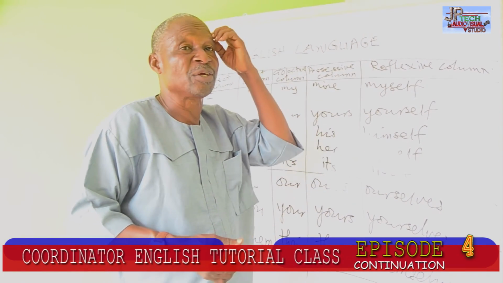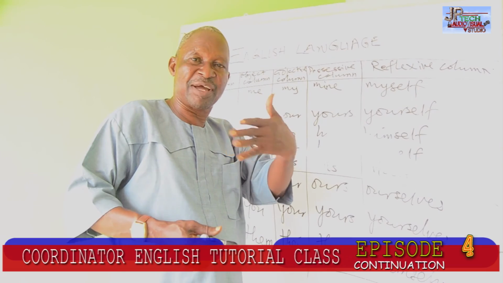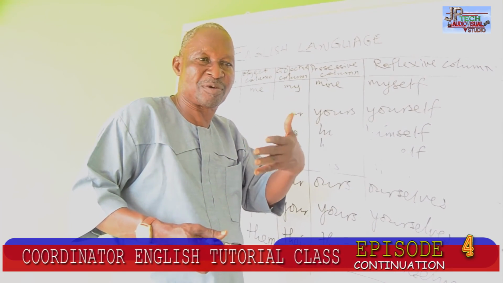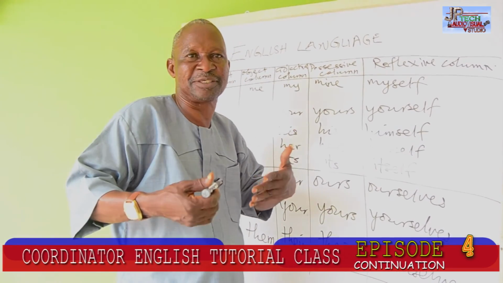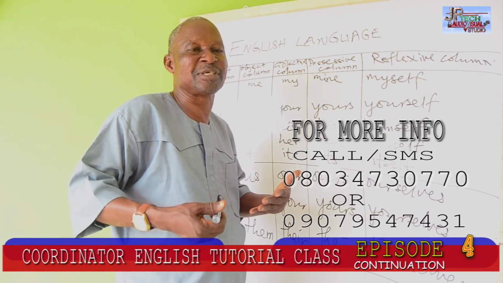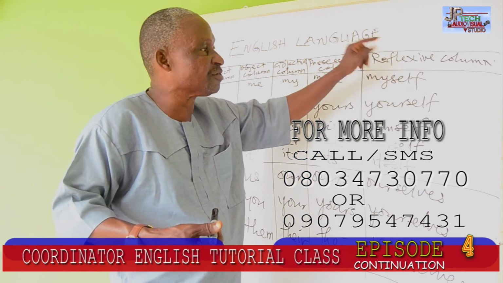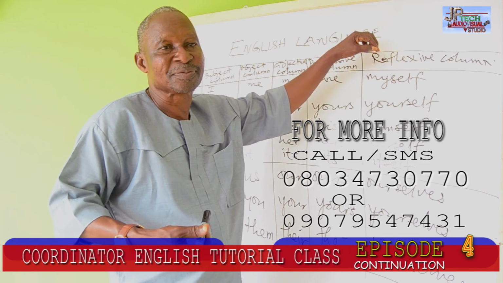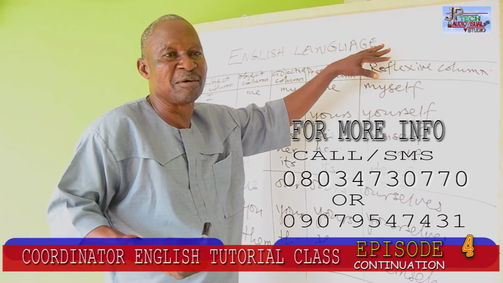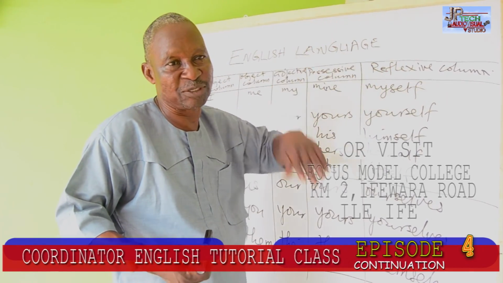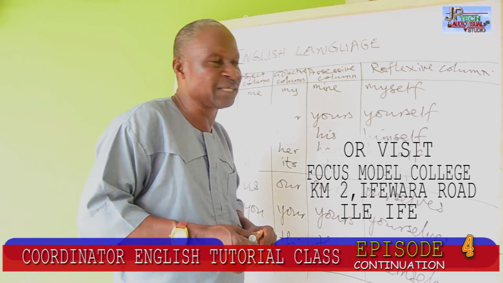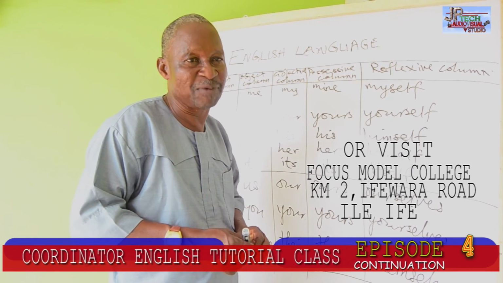So it means that we give an action. The action is communicated by love, and the effect of that verb is on us as well. So where the reflexive column of a personal pronoun is used, the verb there is also referred to as a reflexive verb.